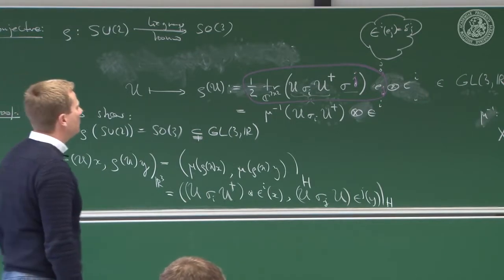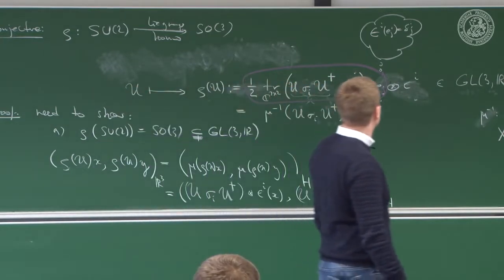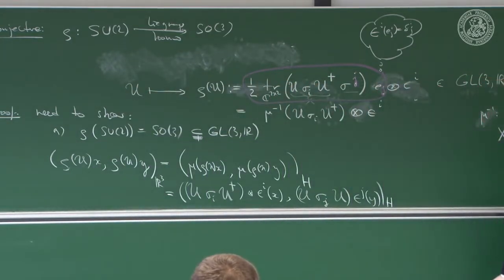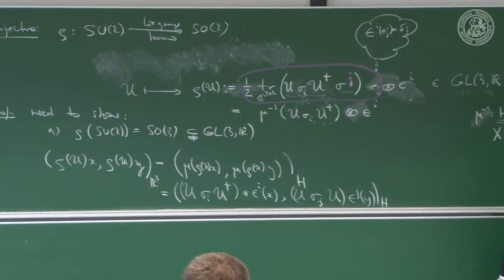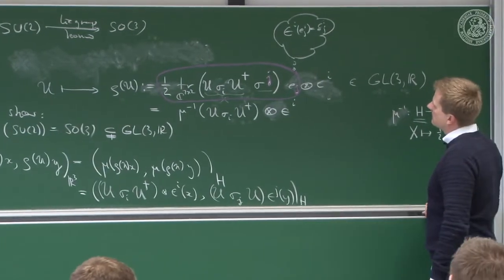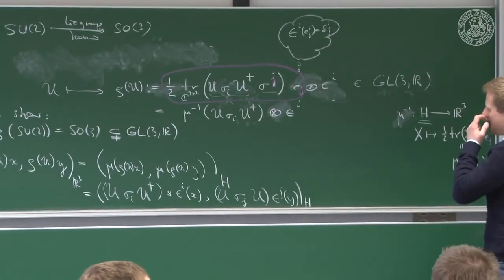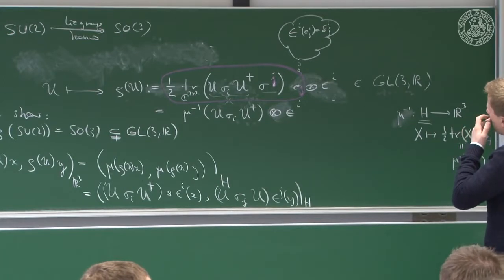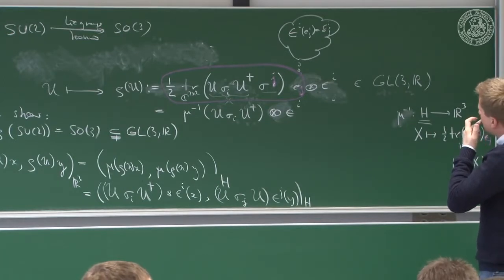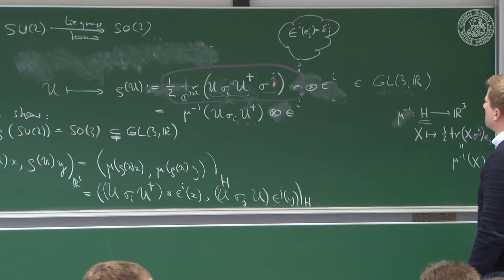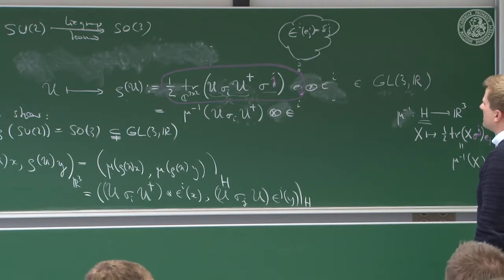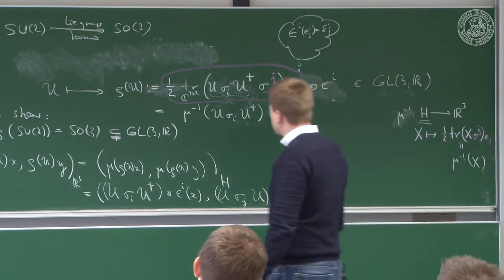But the mu only acts on this H. Yeah, but it doesn't act. No, it doesn't act on it. I see what you mean. So you say it's the result it acts on.